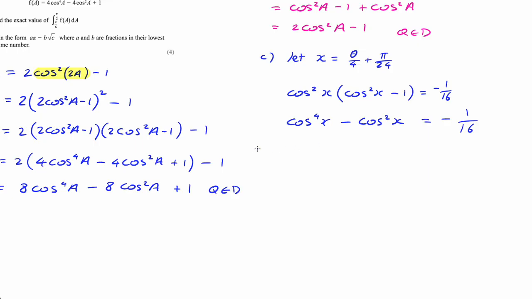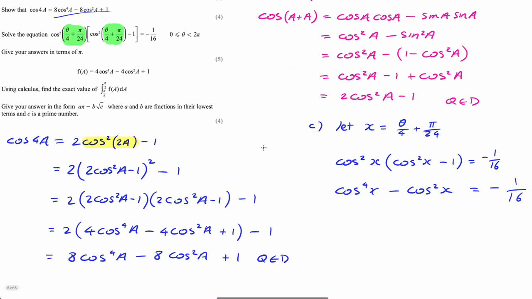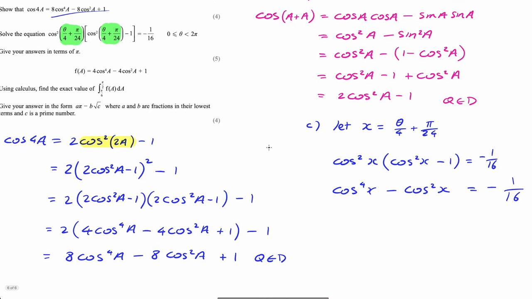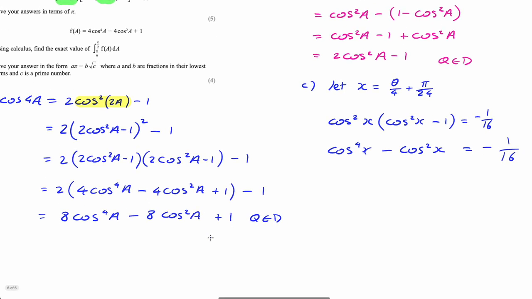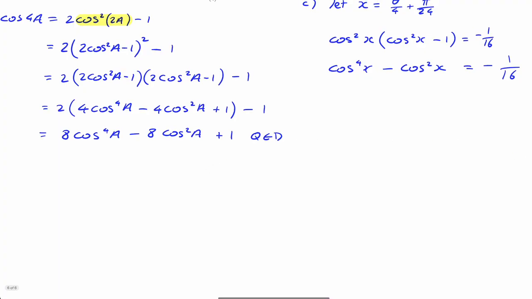Okay, now we know, guys, that from this cos 4a equals this. Now the reason I'm doing this, guys, is because I'm just using the assumption that the reason he made me do all this work for part B is to do with this. So we know cos 4a is equal to this.